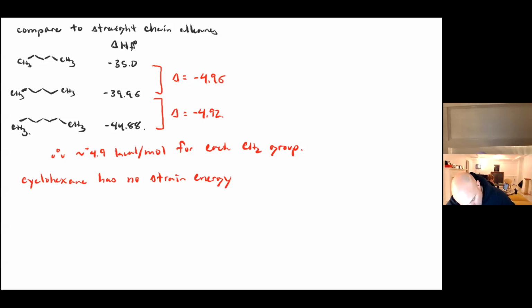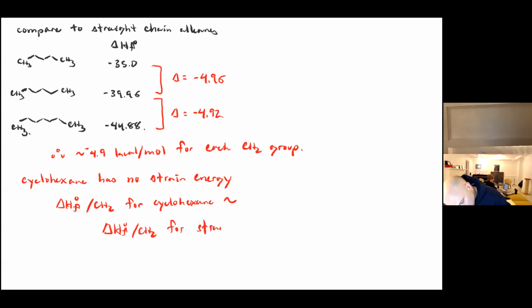The delta HF naught per CH2 for cyclohexane is approximately equal to delta HF naught per CH2 for straight chain alkanes.